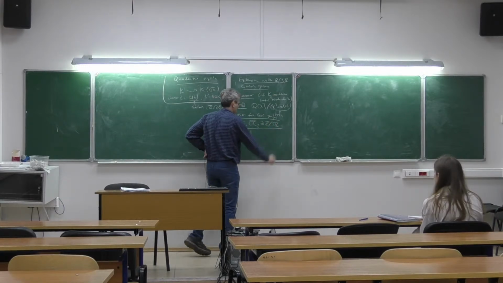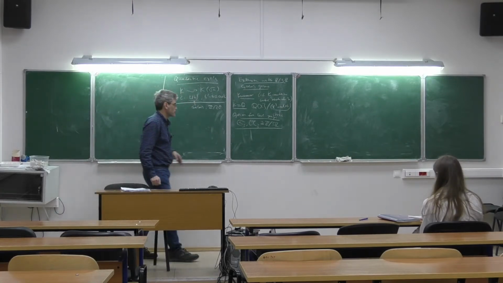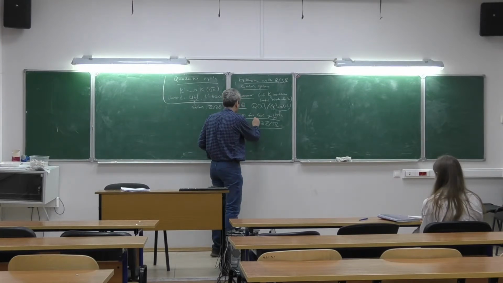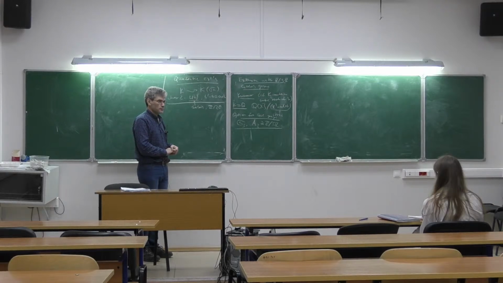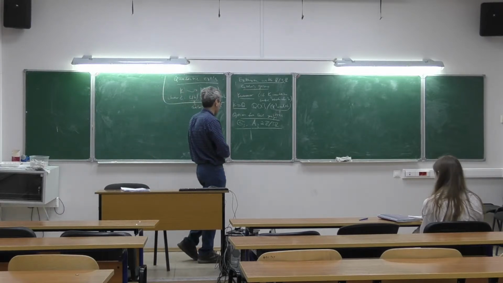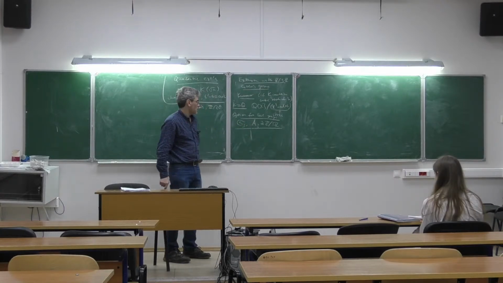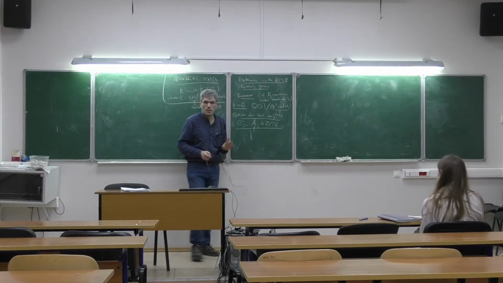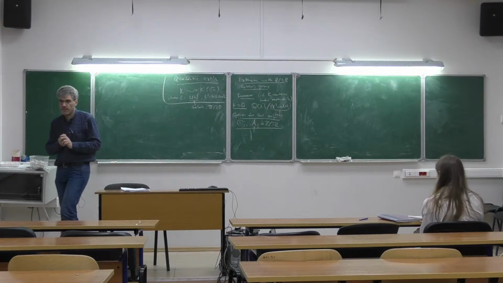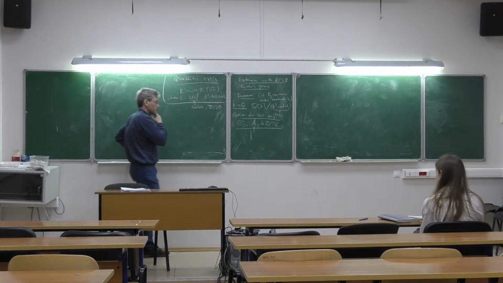So it's A3, the group of even permutations. How do you distinguish this case? Do you remember? The discriminant has to have a square root. Yes, that's right.